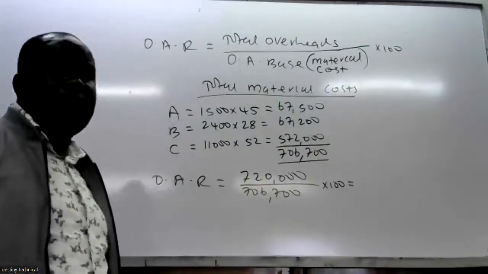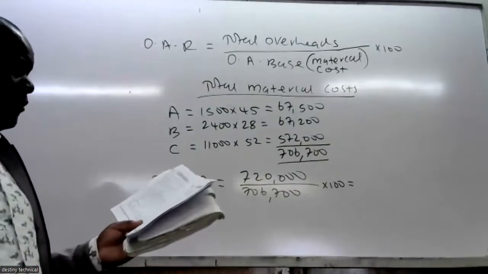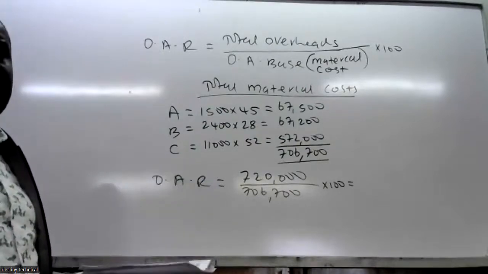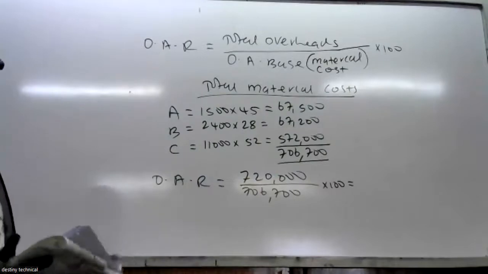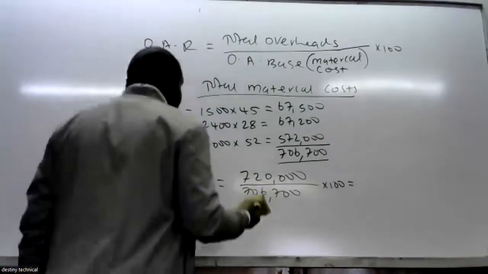So we come up with the total cost because the question wanted the cost per unit. But before you get the cost per unit, you should come up with the total cost.